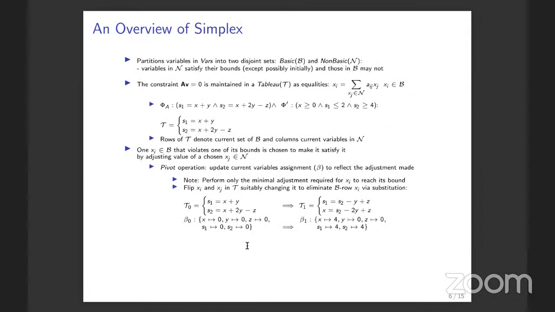So here is an example. Maybe I should have shown this example itself. With this assignment, S2 is violating, and so you can make X go to 4, and then you will have to remove S2 from the B set and move it into the N set. When you do this, you do a linear transformation.